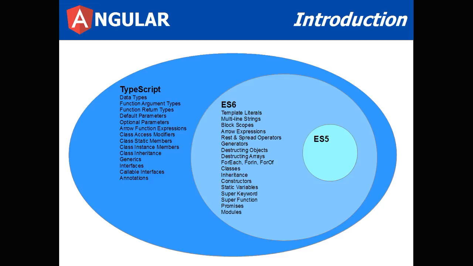ES6, when you look at it, you get excited. There are a lot of things that are really going to help you with functional programming and object-oriented programming. When you see them, you say, oh, I could use that, because I know I struggled with implementing a lot of these things in JavaScript, and all of these features in ES6 help you.